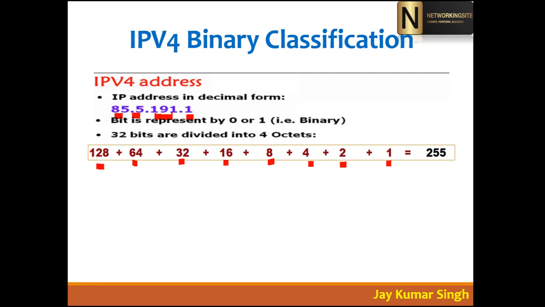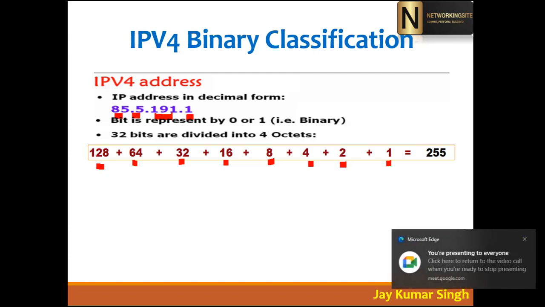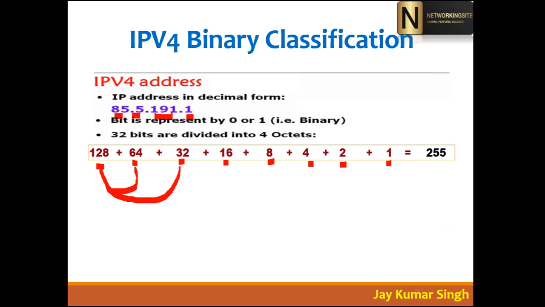This is your bit information: if you have 1 bit enabled in your subnet mask, then the subnet mask will be 128. If you have 2 bits, then both 128 and 64 will be added to your subnet mask. If you have 3 bits enabled, then these 3 will be added to your subnet mask.